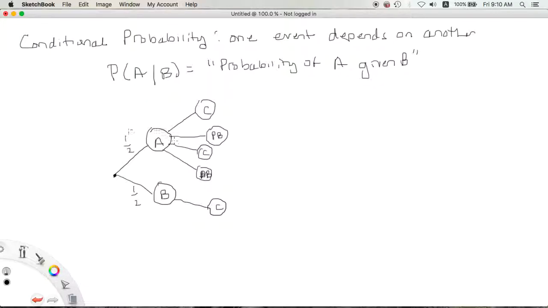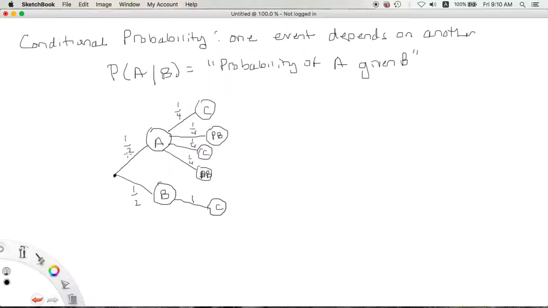So once we've picked jar A, if we kind of cover this up, if we're just looking at jar A, we have a 1 out of 4 chance of picking this cookie, a 1 out of 4 for this one, a 1 out of 4 for this one, a 1 out of 4 for this one. For jar B, we have a 100% chance, a probability of 1, of picking that cookie because it's the only one in the jar.